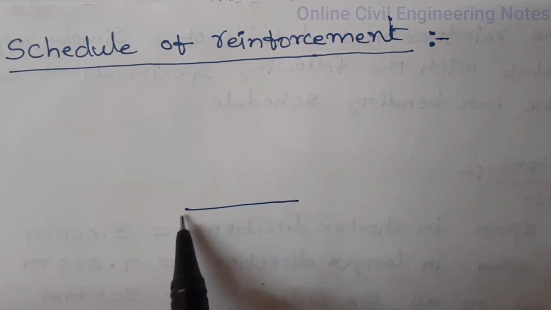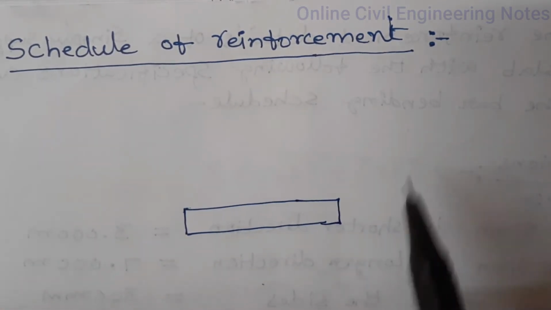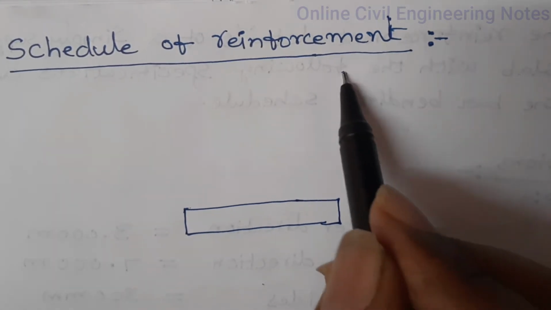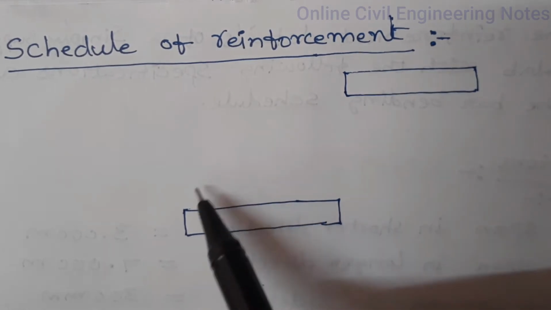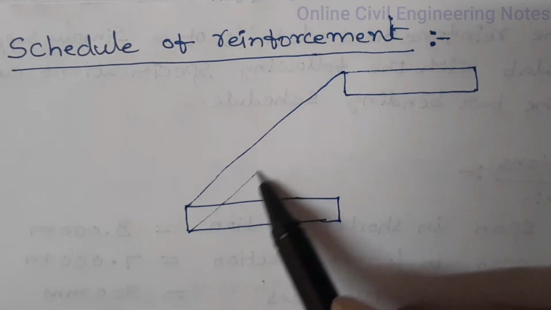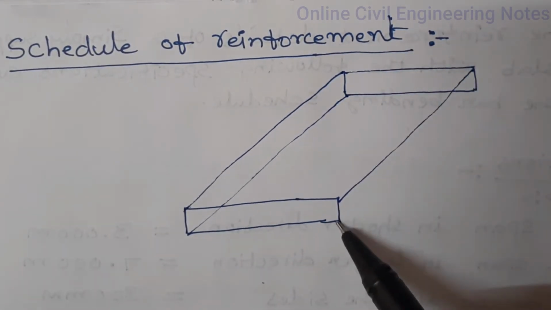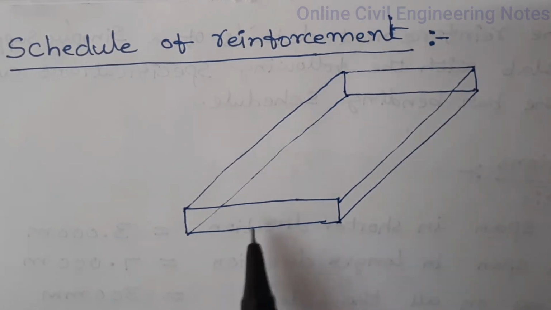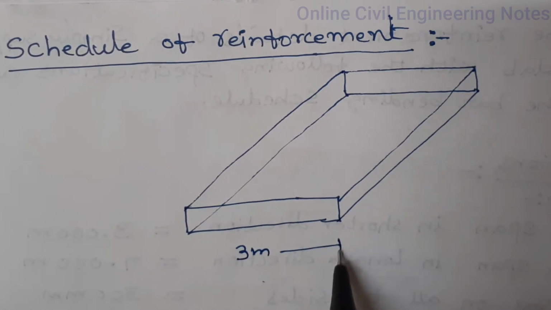Let's draw the slab figure. See, this is the shorter span, 3 meters.